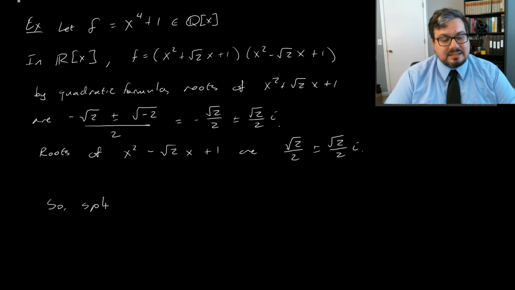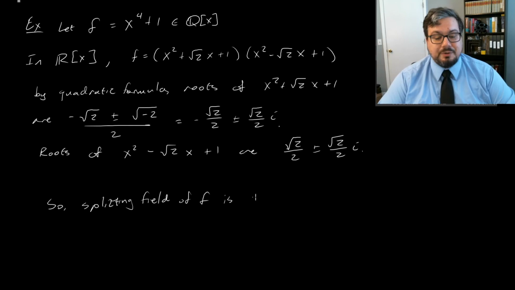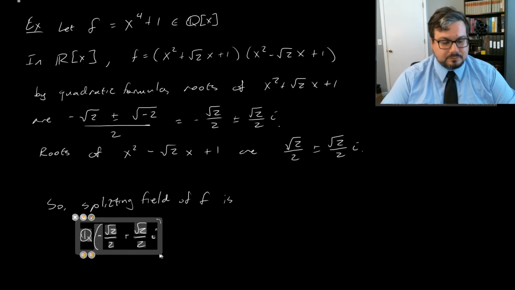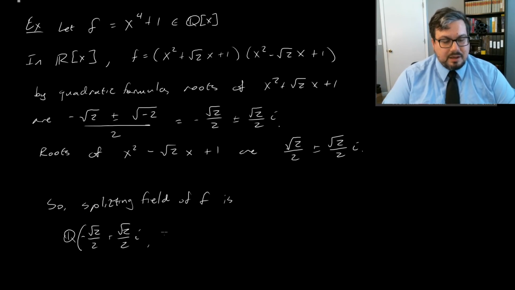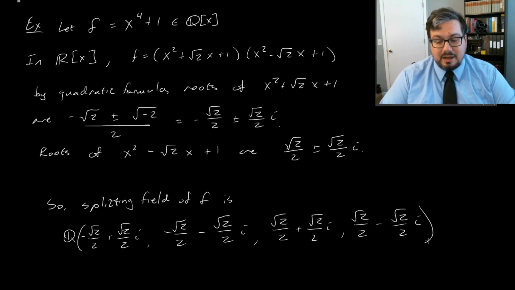So that means that a splitting field, and any splitting field of f, is isomorphic to Q of negative √2/2 plus √2/2 i, and I'm going to need more room here, negative √2/2 minus √2/2 i, √2/2 plus √2/2 i, and √2/2 minus √2/2 i.